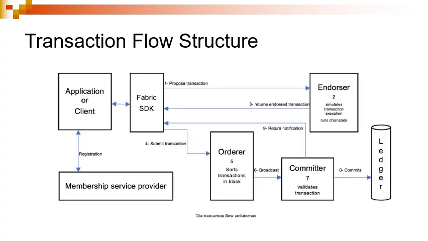You can see this process is shown in the figure. The membership service provider provides a registration service. The clients or applications are registered to the blockchain by using this membership service provider.